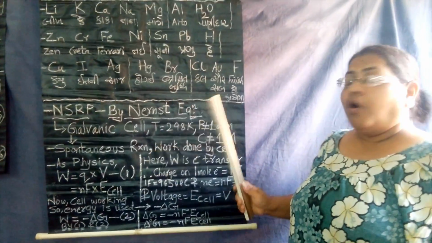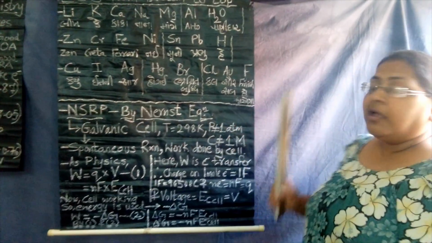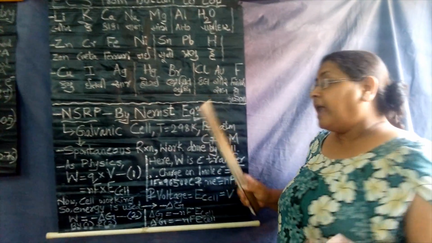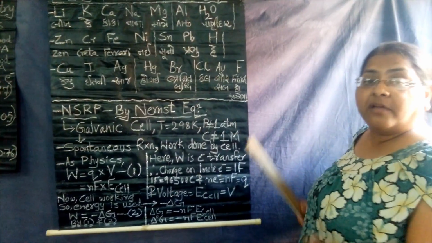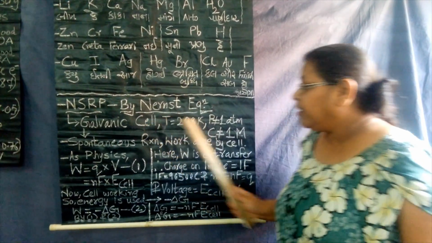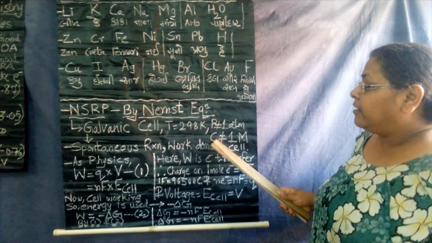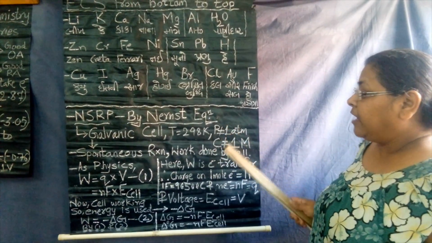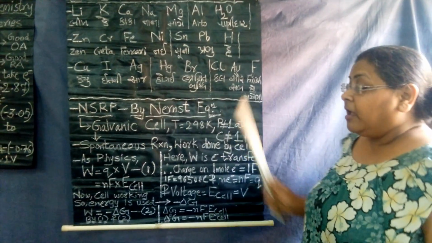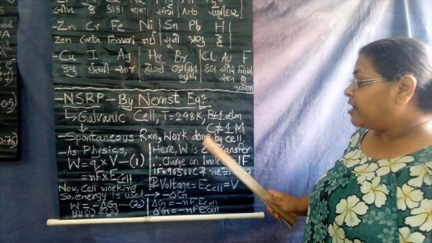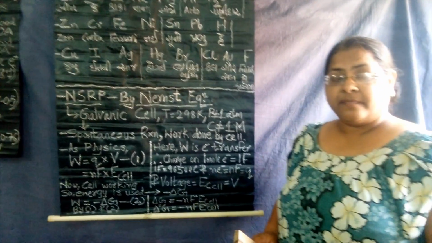All conditions may be non-standard, or any one may be standard and others not. As I have written here, temperature is standard, but pressure and concentration are not standard. But as it is a galvanic cell and a spontaneous reaction, work is done by the cell itself.